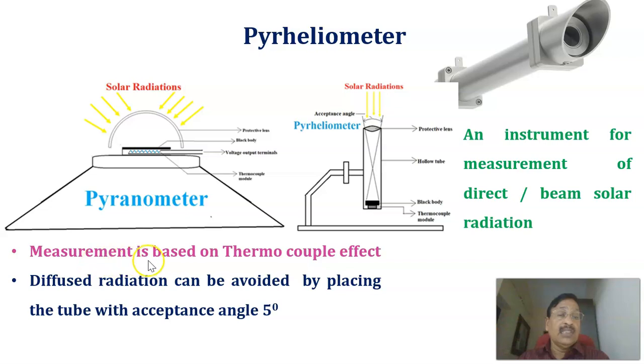Therefore, measurement is based on the thermocouple effect, same as the pyranometer. This is the pyrheliometer, and this is called the pyranometer. Diffuse radiation can be avoided by placing the tube with an acceptance angle of 5 degrees, which passes only the direct beam radiation.